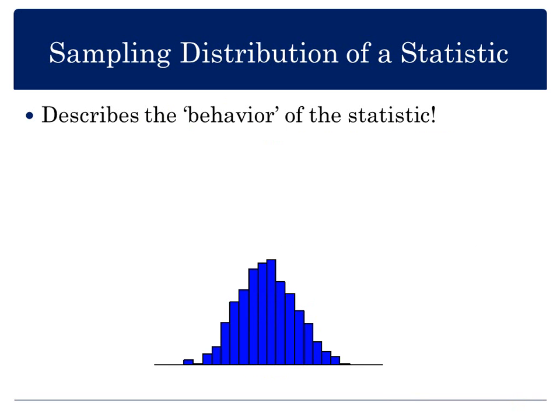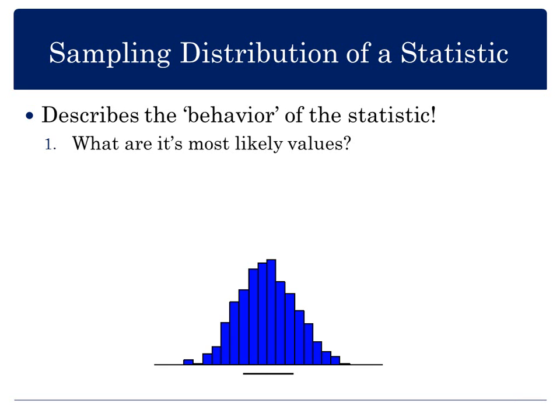And why am I spending so much time on it? The sampling distribution is what everything about hypothesis testing is built on. It's what matters, because it's what generates everything that we use to talk about statistical significance.